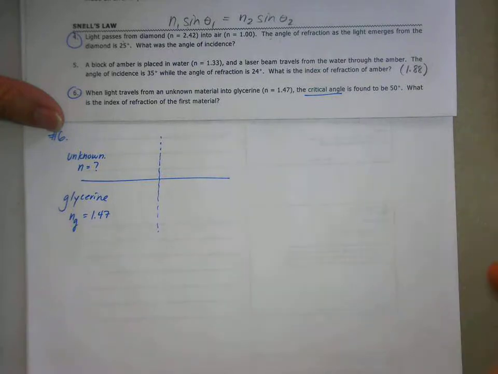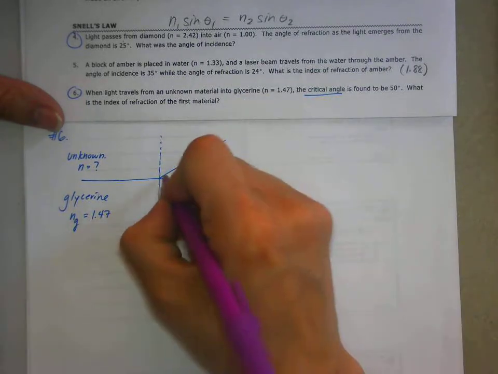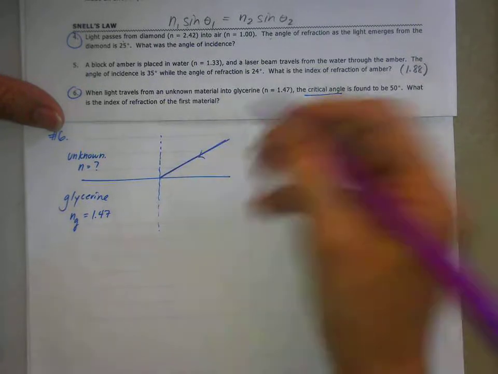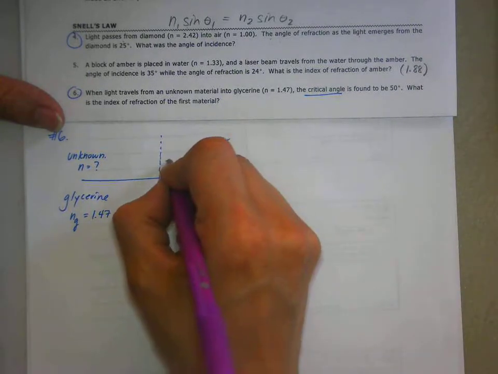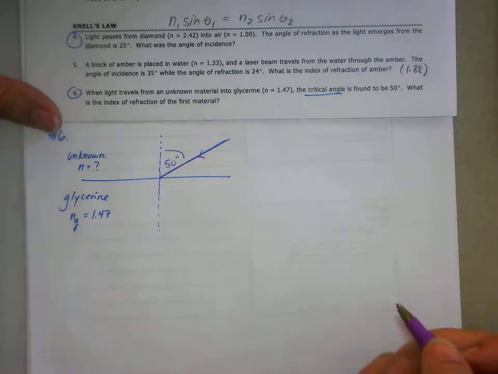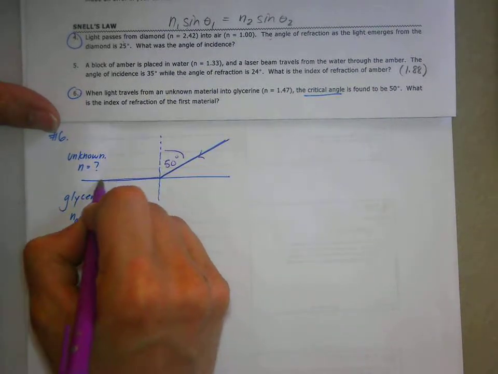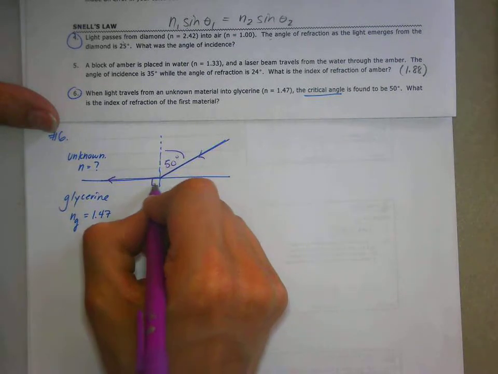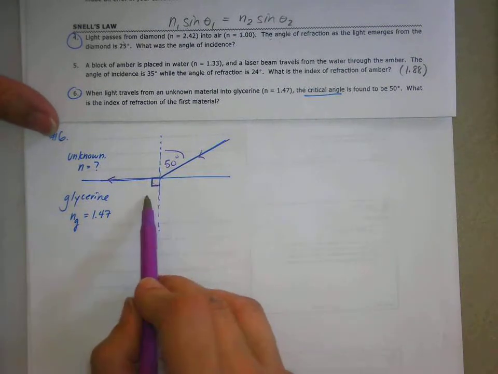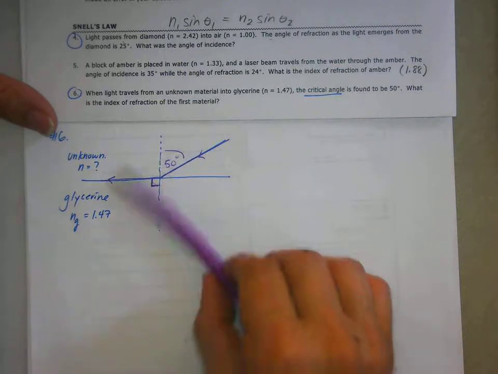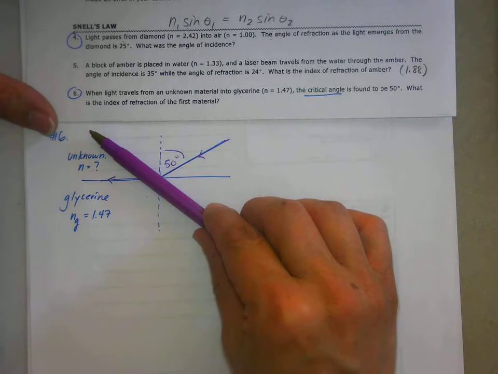All right, so that means that when, maybe I'll do this in a different color, the ray of light comes in at 50 degrees, okay? If it's the critical angle, that means that the angle of refraction is 90 degrees, because after that, it's going to be totally internally reflected.